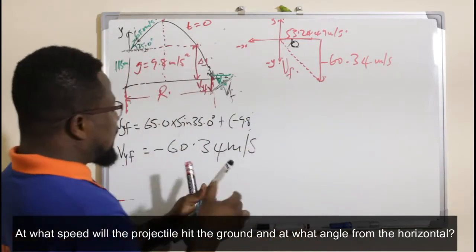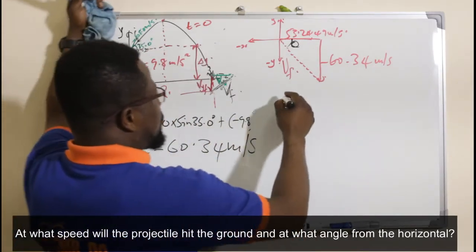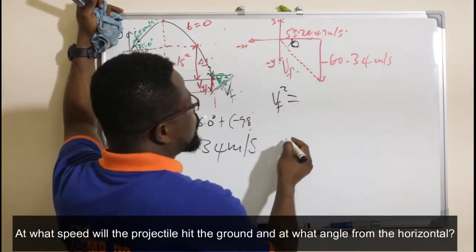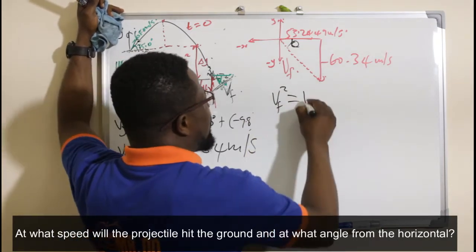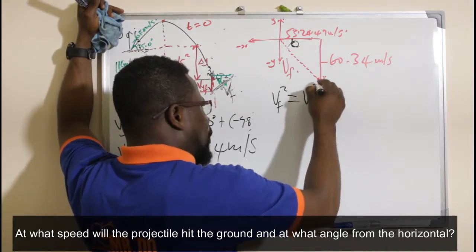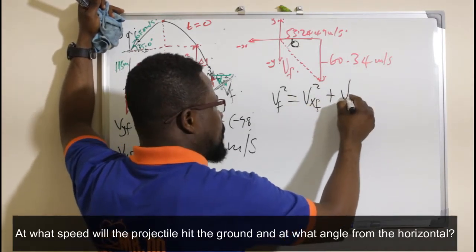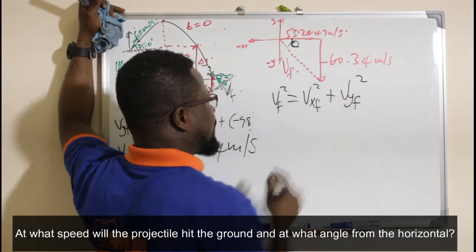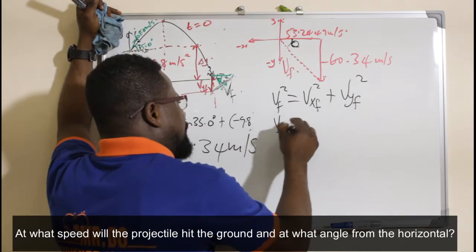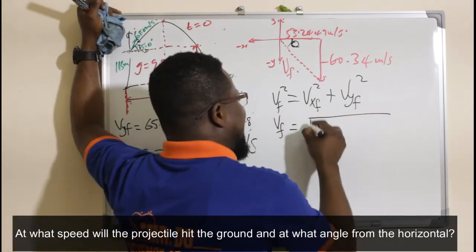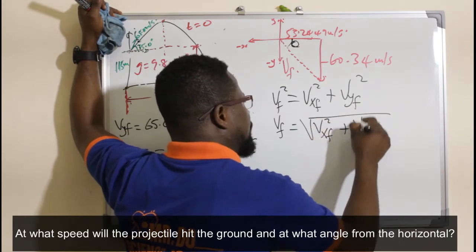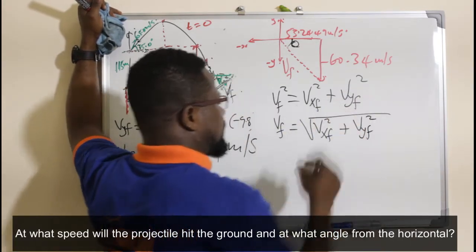If you use Pythagoras theorem, then VF squared is equal to VXF squared plus VYF squared, and that simply implies our VF is equal to the square root of VXF squared plus VYF squared.